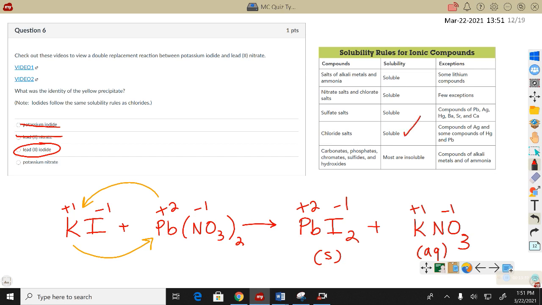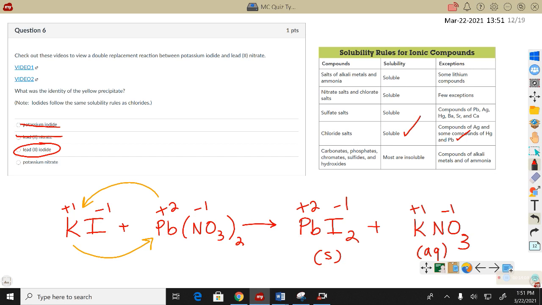There are a few exceptions. Oh, bummer. Lead is one of them. So most chlorides dissolve, most iodides dissolve, but not silver, mercury, and lead. That's my precipitate, the lead iodide.